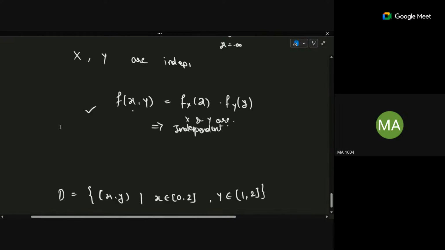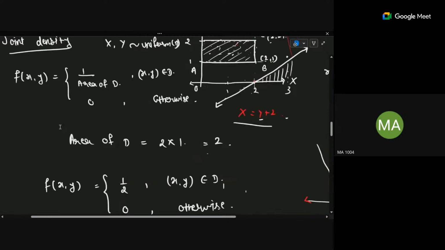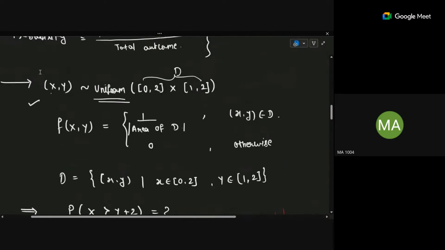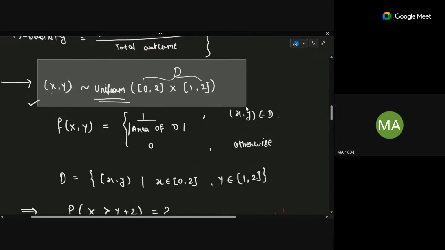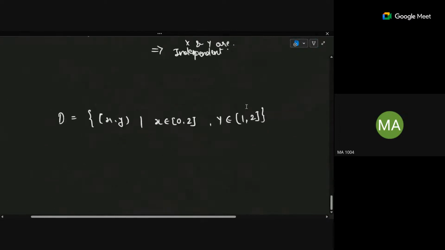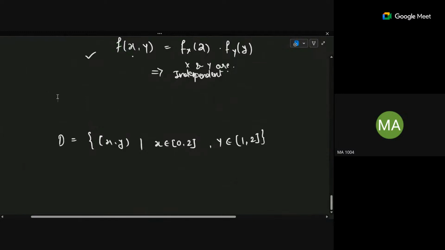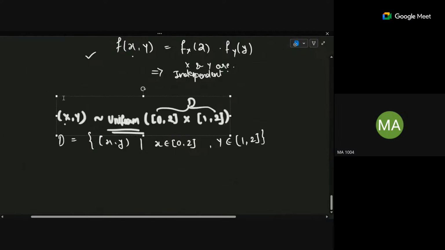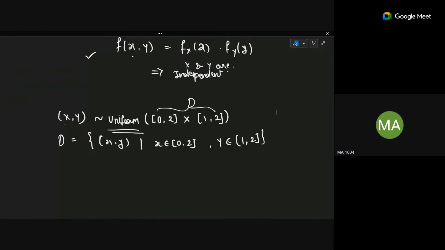Your region is D and x and y are following uniform distribution over this region D. Are they independent? If x and y are two random variables following uniform distribution over this region D, that is 0 to 2 cross 1 to 2, then check whether they are independent or not.